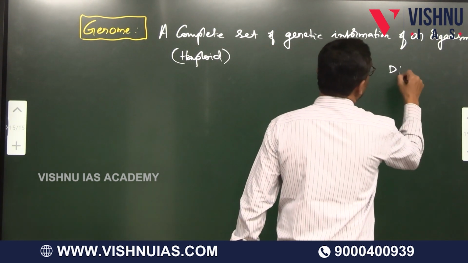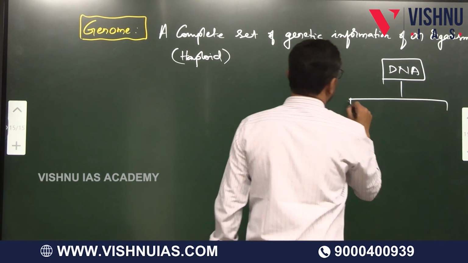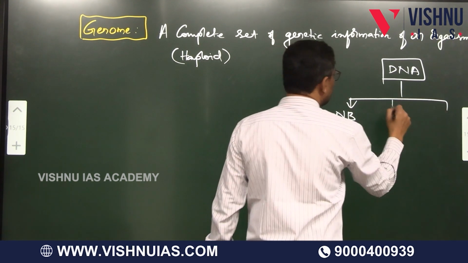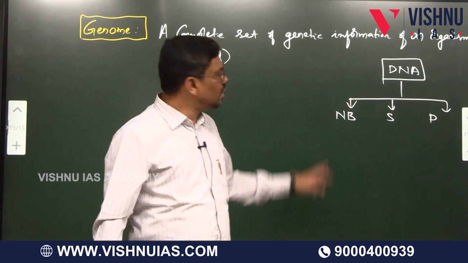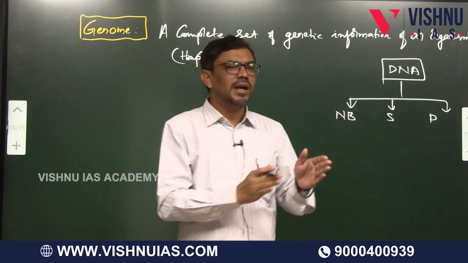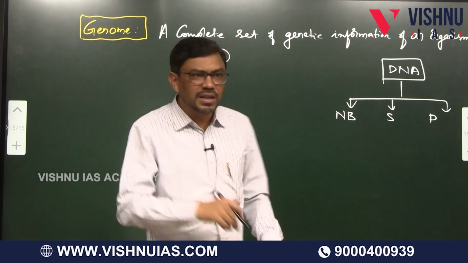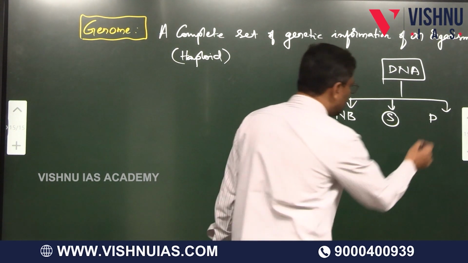Suppose you consider the DNA, the structure of DNA is similar. It contains nitrogen base, sugar and phosphate. This composition is the same in all the organisms, whether it is a human being, plant, animal, whatever it may be. Then where is the difference? Here the sugar is the same, that is deoxyribose sugar.